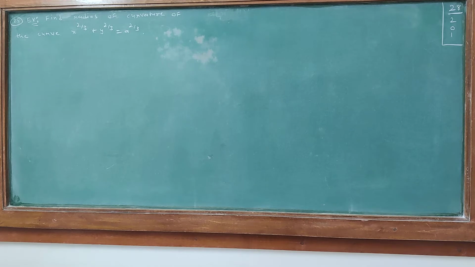One more sum on the board. Find the radius of curvature of the curve x raised to 2 by 3 plus y raised to 2 by 3 equal to a raised to 2 by 3.